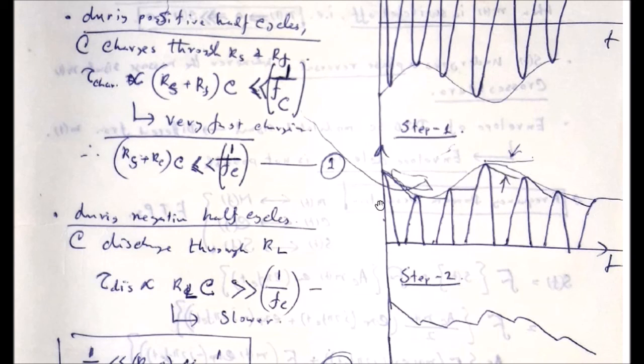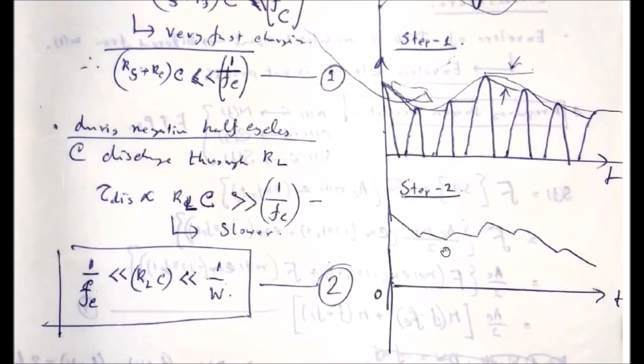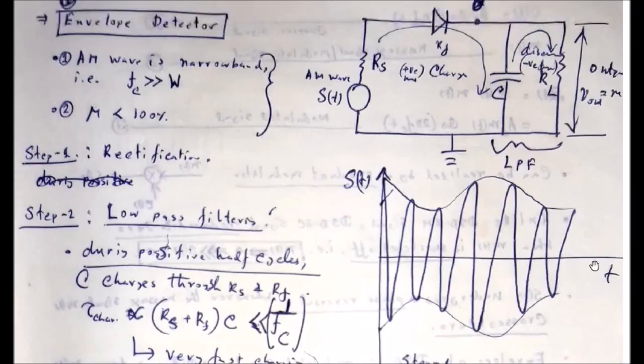If these spikes are very dense, then this envelope will be similar to the message signal. So you will obtain this kind of output across the capacitor due to the charging and discharging phenomena. This is the estimation of the message signal.